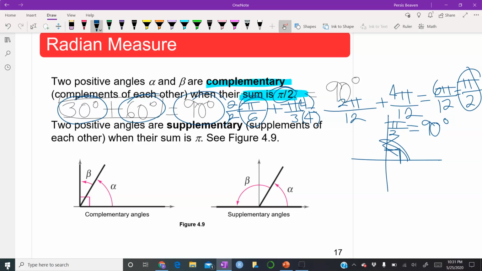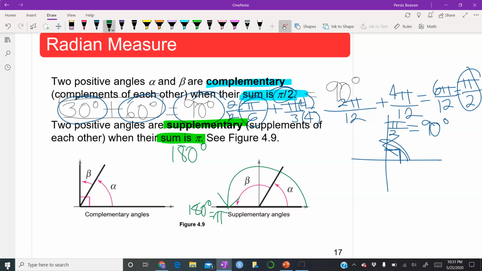So just like we have complementary, we also have supplementary, and those are angles that when you add them, the sum is equal to pi or equal to 180 degrees, which is what we call a straight angle. 180 degrees, or in radian measure, pi.